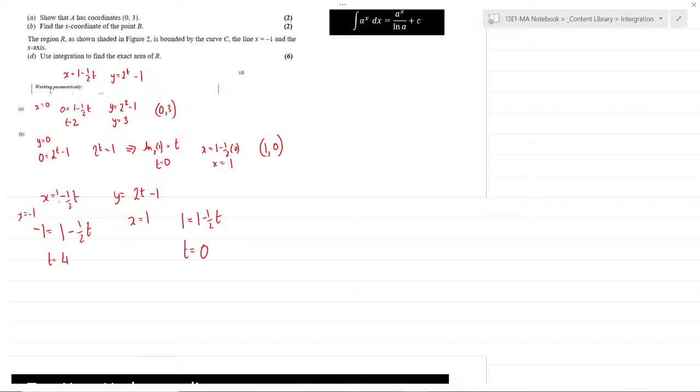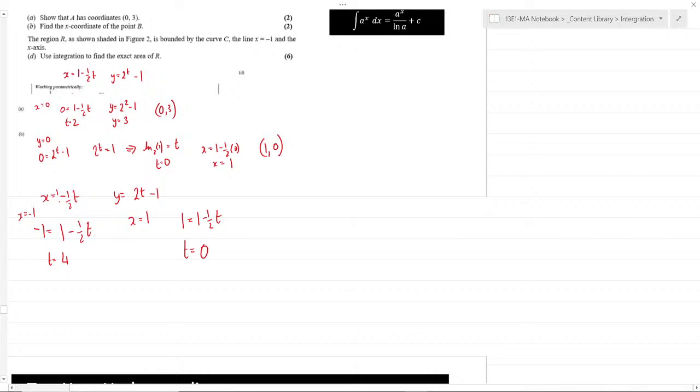Here, we have to follow our limits. So 4 needs to go on the bottom and 0 needs to go on top. That makes sense, because my limits of x are -1 to 1, so it needs to be from 4 to 0. Does that make sense why that is? Yeah? You sure? Okay.